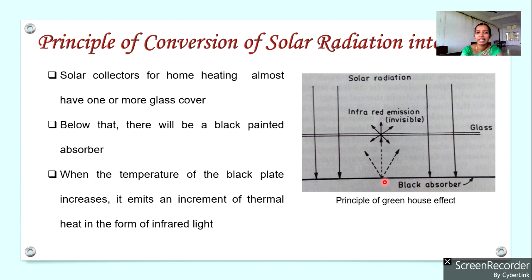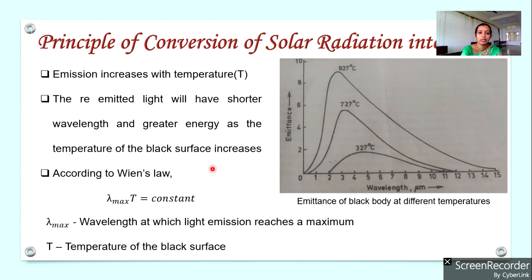And this absorber will emit infrared radiation, but the glass will not allow the infrared radiation to escape from this device. So the temperature of the absorber increases more and more, and as a result, infrared emission also increases. So emission increases with temperature.